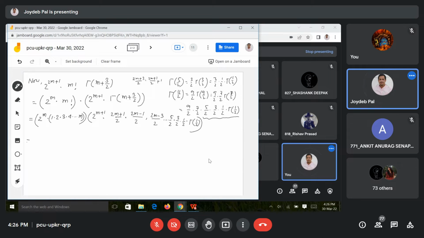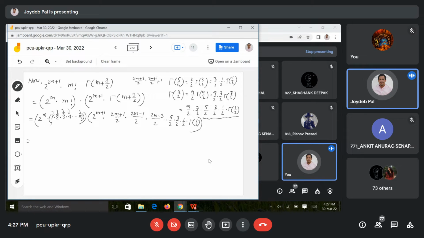Now see that 2 to the power m into 1 into 2 into 3 into 4 up to m. So I can distribute those m number of 2's into each value, means 2 into 1, 2 into 2, 2 into 3, 2 into 4 up to 2 into m. I am distributing the m number of 2's, one in each place. You can think of each 2 as being put in a box.